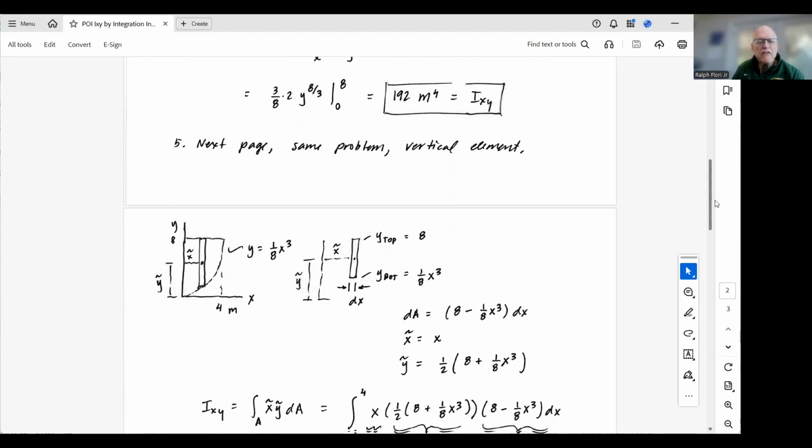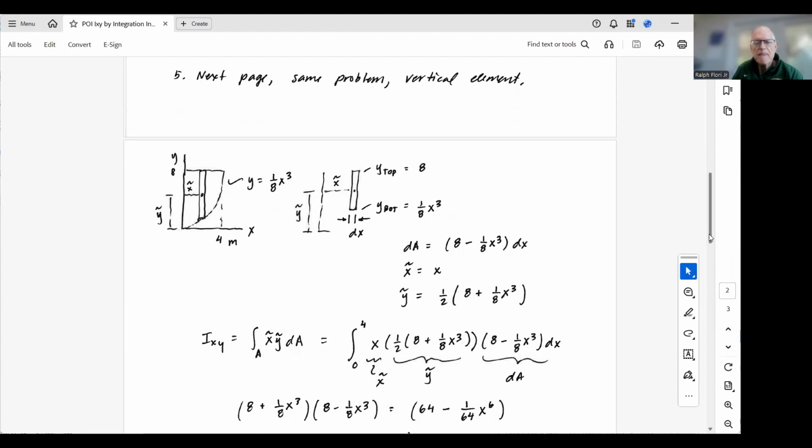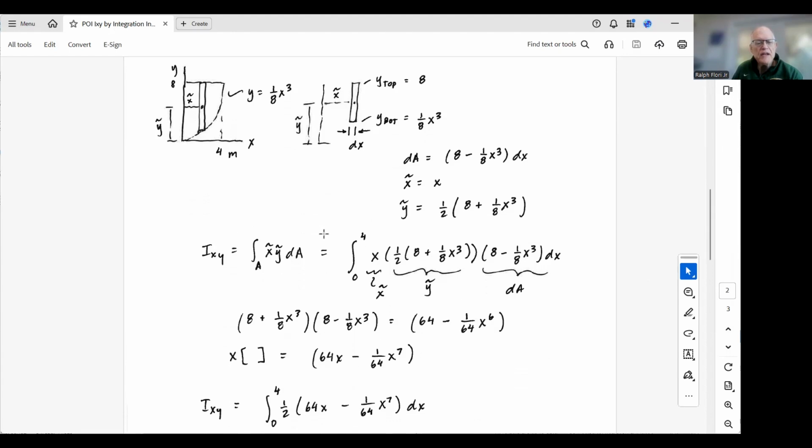If we say, okay, I'm going to take a vertical element, then it looks like this. The dA is 8 minus 1/8 x cubed dx. My x tilde is x. My y tilde is the average of y top and y bottom. And so it's 1/2 of 8 plus 1/8 x cubed. So when we set up the integral, Ixy is the integral of xy dA.